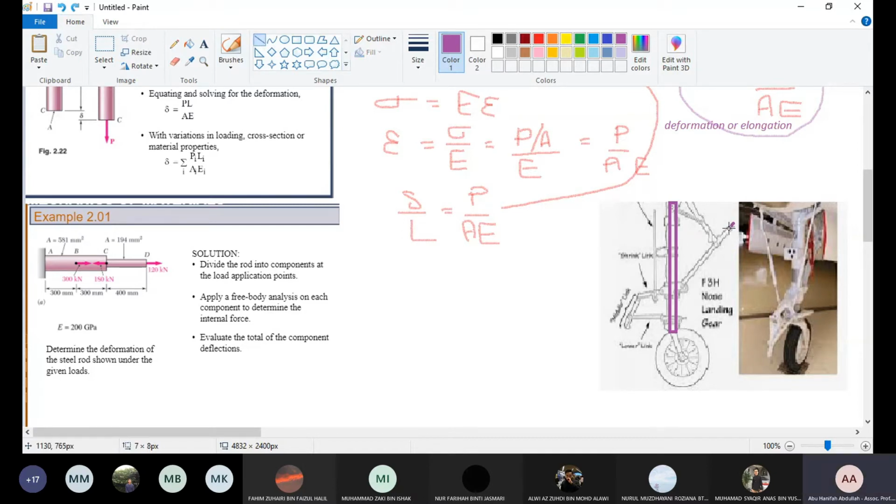the link here gives a force here, and the force here will resolve. That's why you have a component force.